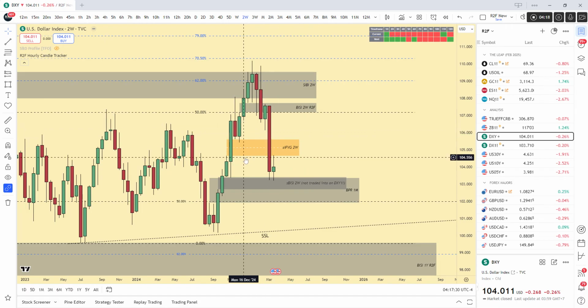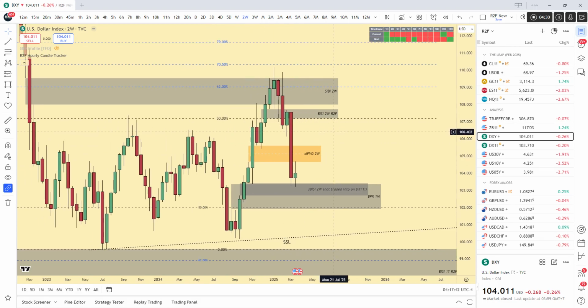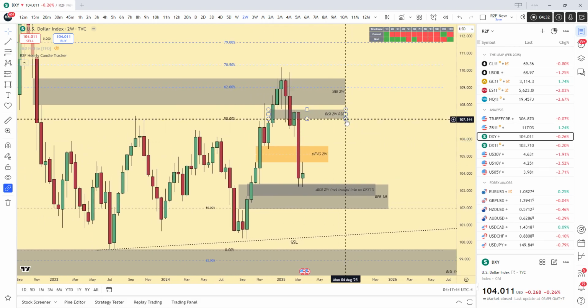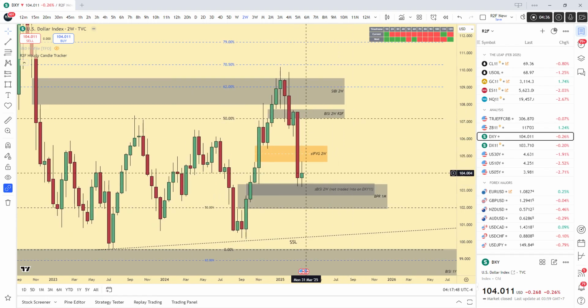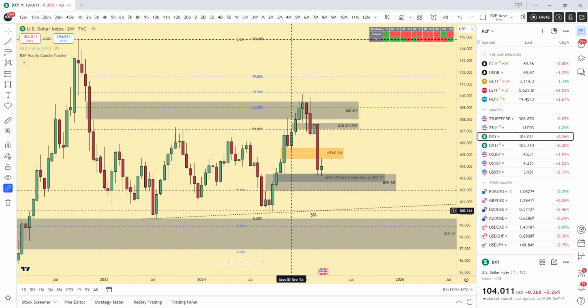So if you look at the structure here, we made this area of consolidation, expanded up, and then this area of consolidation broke down. Candle order blocks here, and candle order blocks here on a good time frame. Not too many candles in between, and this big expansion down. So based on this chart, it's making me believe we will be moving lower.